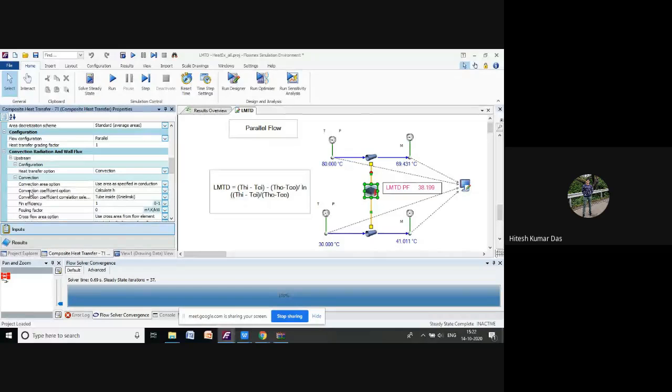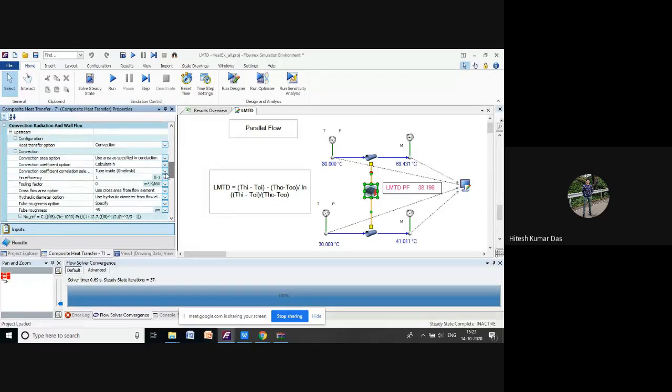Convection upstream: here the simple heat transfer option we have assigned as convection, because convection heat transfer is happening to heat the pipe wall. For the convection coefficient we have assigned calculated h, meaning it will automatically calculate how much h is there.